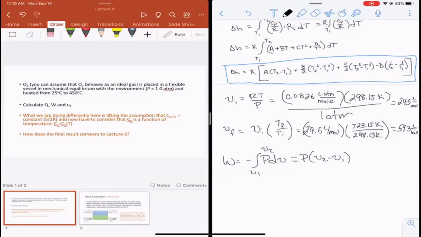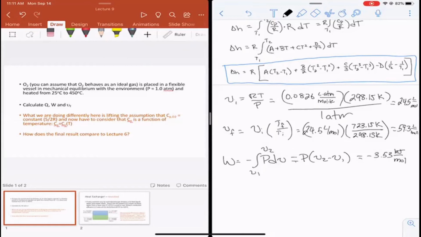And if you remember, we plugged in the two numbers, we changed the units to kilojoules per mole, and that's minus 3.53 kilojoules per mole. So this assumption of a simple gas hasn't changed anything with regards to the final specific volume of the final state or the work.